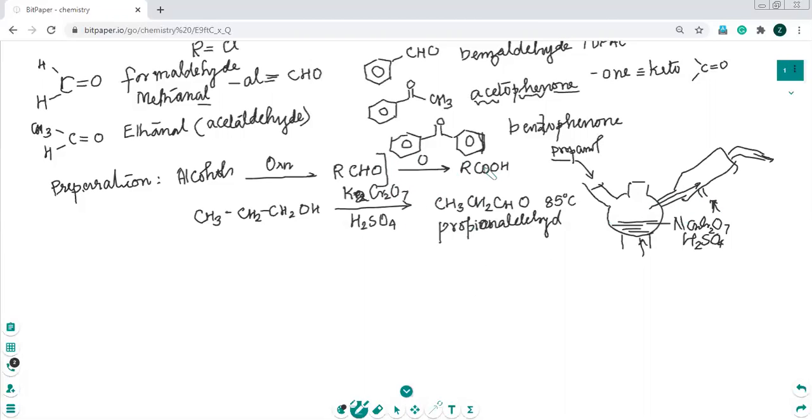You should not go to the further carboxylic acid. So this is how you prepare aldehyde from alcohols.